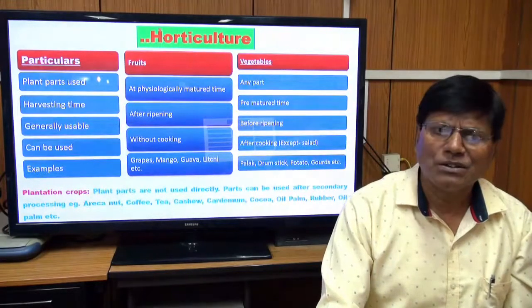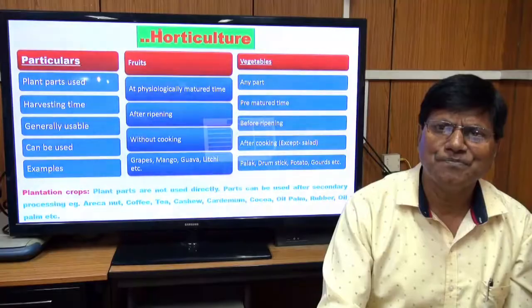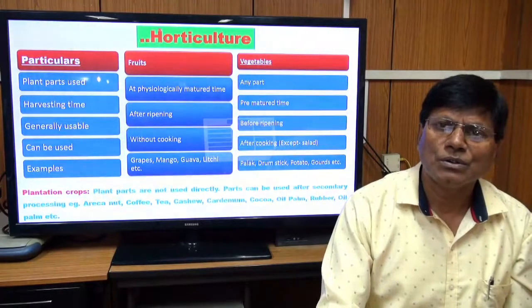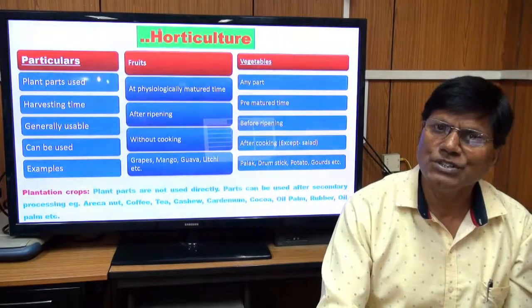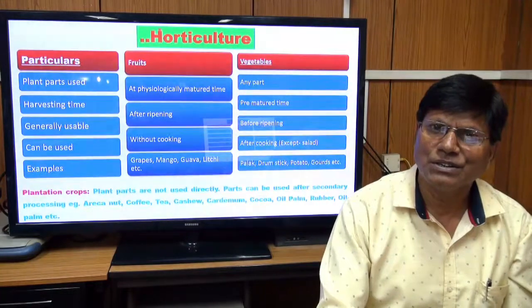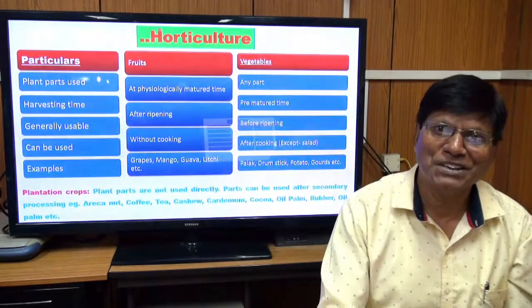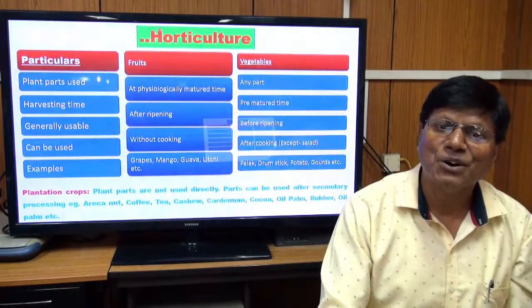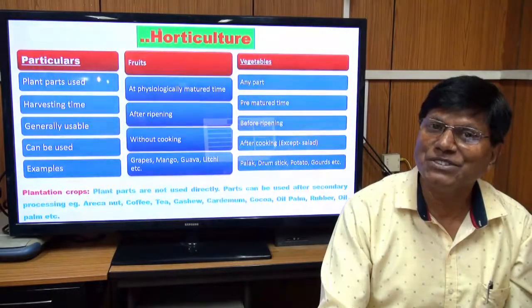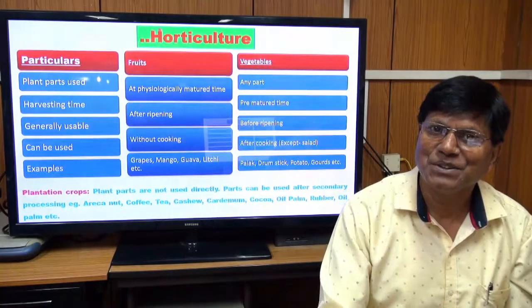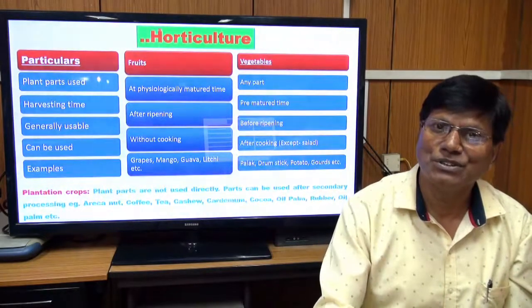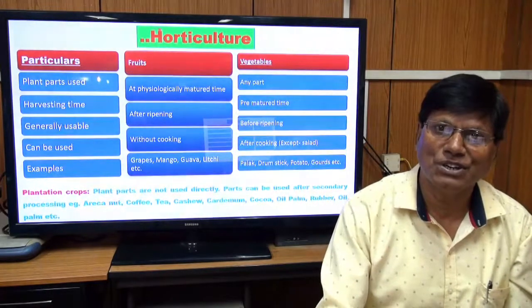Practically, what we generally see is that harvesting of fruit is done after physiological maturity. We like ripened fruit. On the other hand, vegetables are harvested at a tender stage, before physiological maturation.